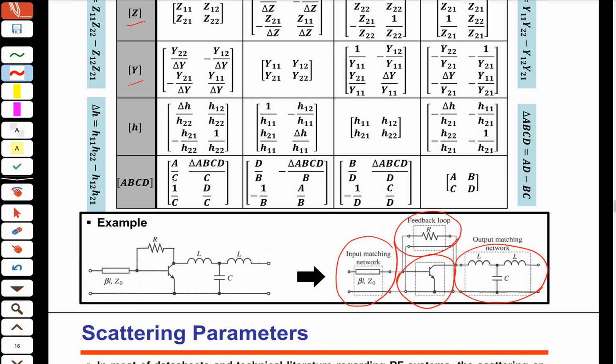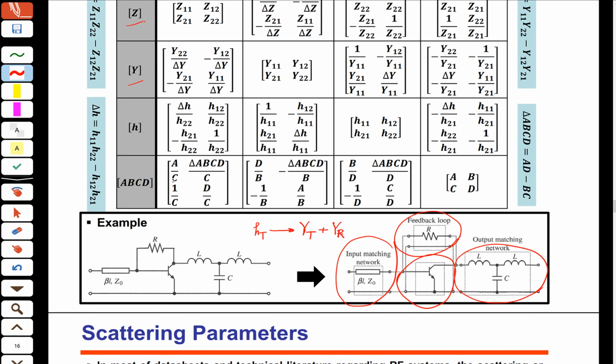So if I want to calculate the value for the whole network, first I calculate the H matrix for the transistor. Then I convert the H to Y of the transistor. And then I add this Y to the Y of the resistor.